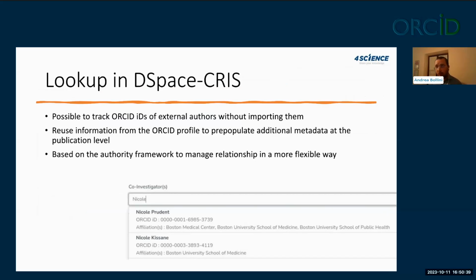So when this researcher eventually joins your institution, he will be able to authenticate the ORCID ID, confirm the publication that was linked, and this will become an authenticated ORCID ID. So DSpace-CRIS will also keep track of this external ORCID ID, but it's able to differentiate between authenticated and not authenticated ORCID IDs.